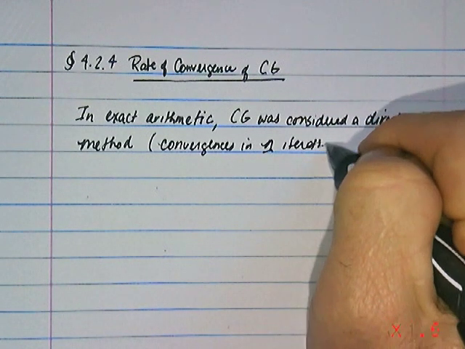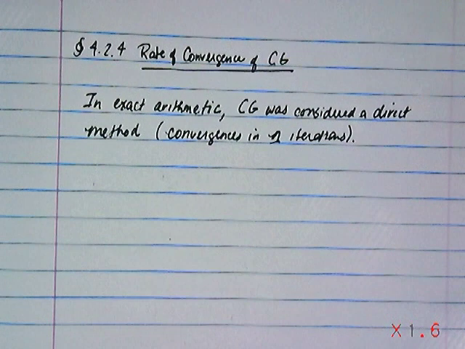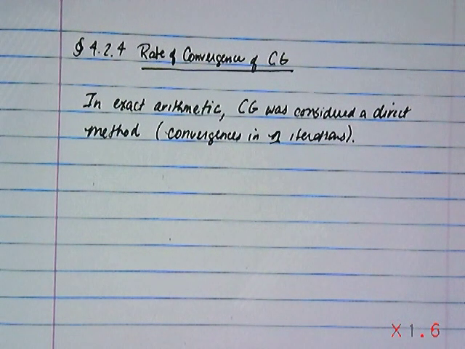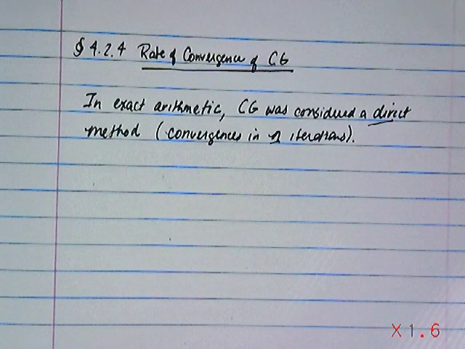Now, keep in mind, if you're solving a 10,000 by 10,000 system, we're talking about converging in 10,000 iterations. And typically, as we talked about with projection methods, we really don't want to iterate that many steps. And in fact, we never would do that with conjugate gradient either. But it's just interesting to know that theoretically, it is guaranteed to converge in n steps.